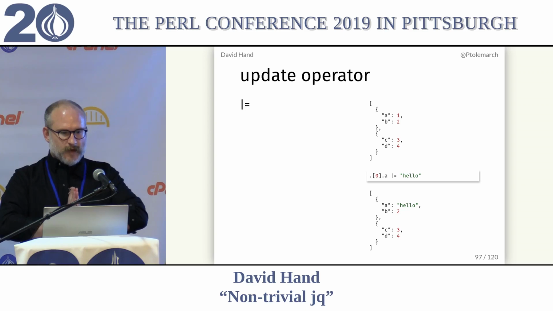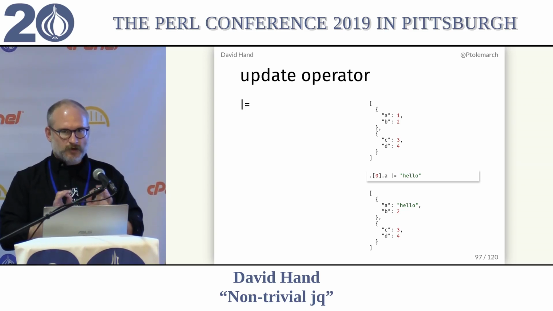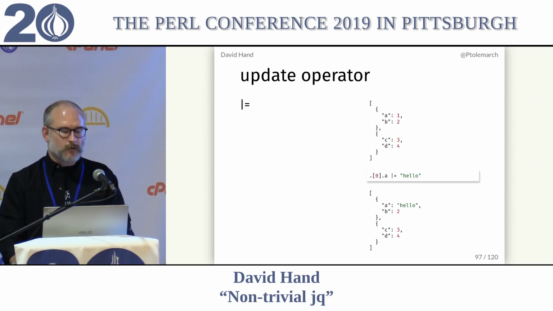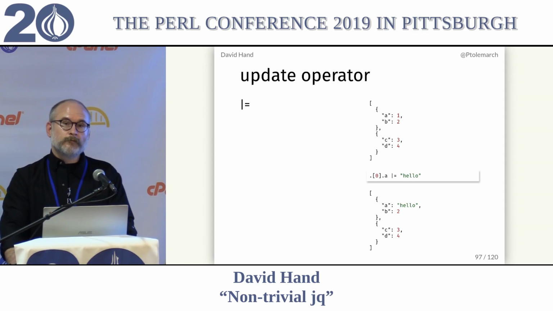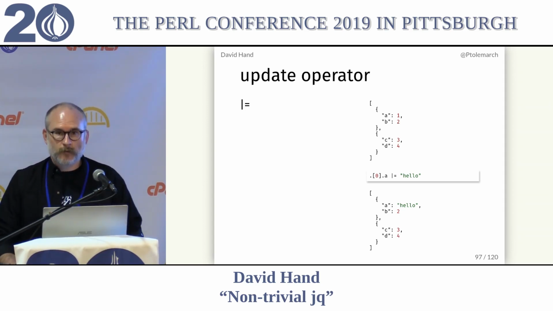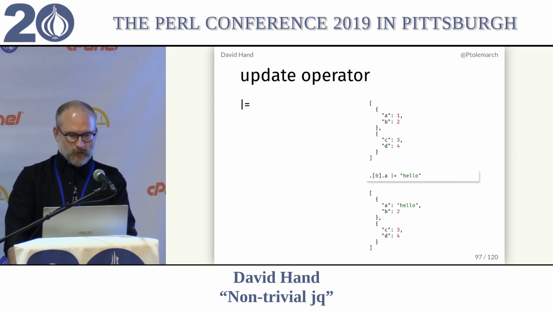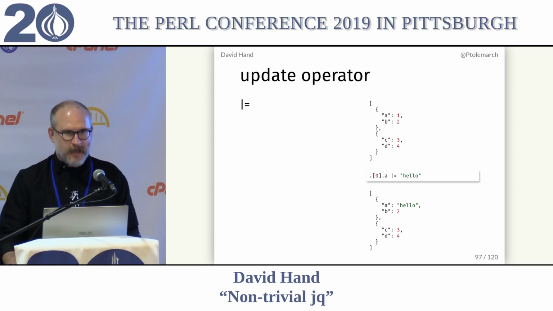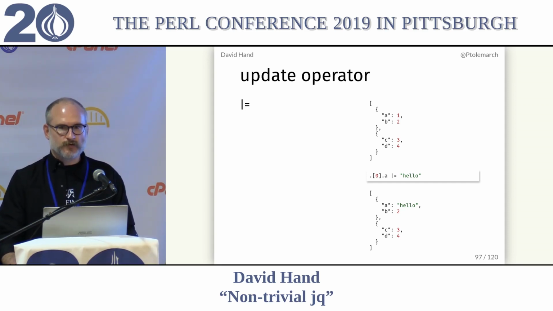This is the first example of a situation where dot changes in my examples so far. Where dot changes, right? Yes. So we have here the same array of objects, and the only thing we're doing is saying that the first element's A element is changed to the string hello, right?